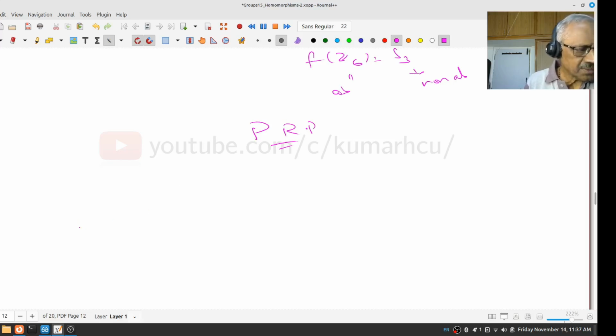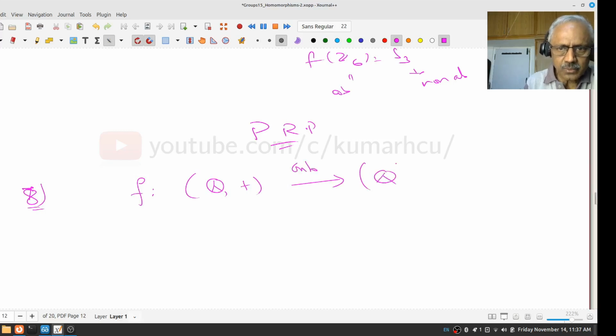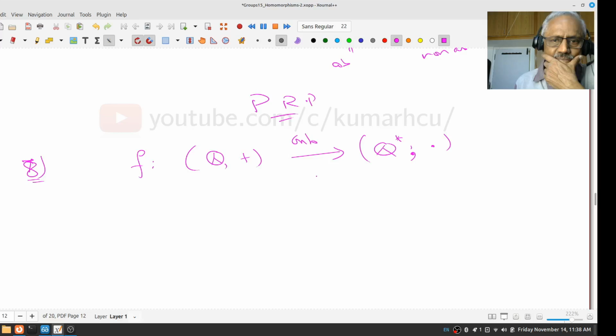Now let us look at one more application of the earlier result. Suppose I want to know whether there exists a map from Q plus onto Q star with multiplication. This is the additive group of rational numbers, and this is the multiplicative group of non-zero rational numbers. Suppose there is an onto group homomorphism.